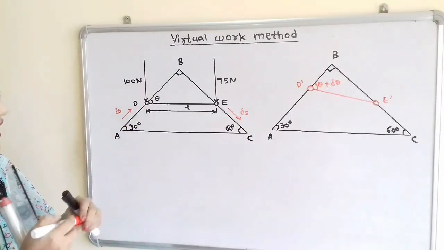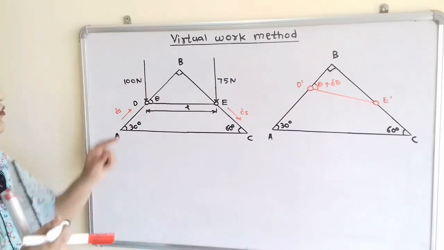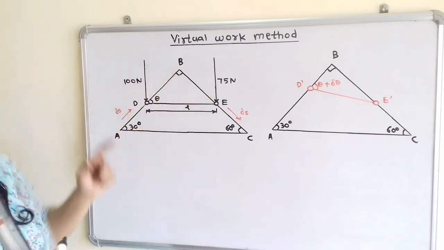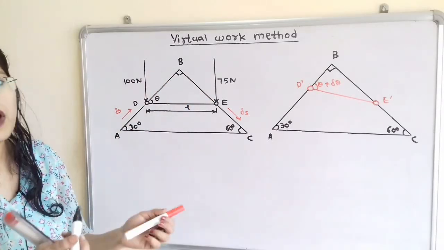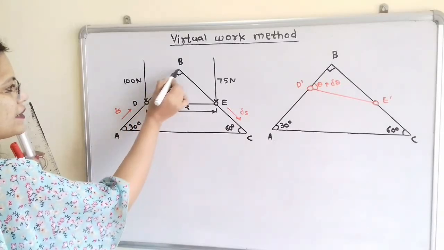Now from the triangle DBE we have to find the value of DB and the value of EB in terms of theta. So we will concentrate on the triangle DBE.